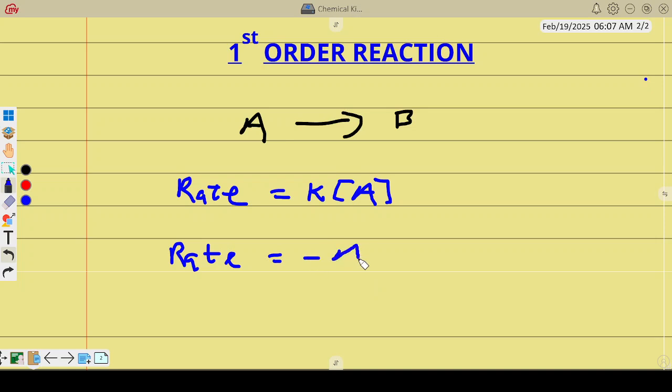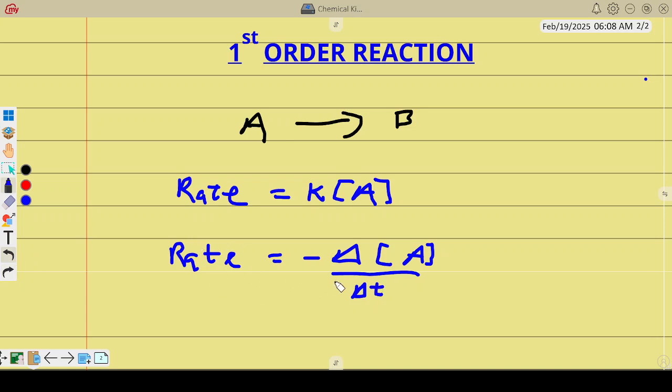So we used to write it like this: change in concentration of A with respect to the change in time.